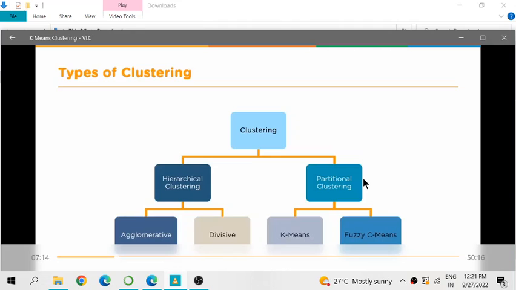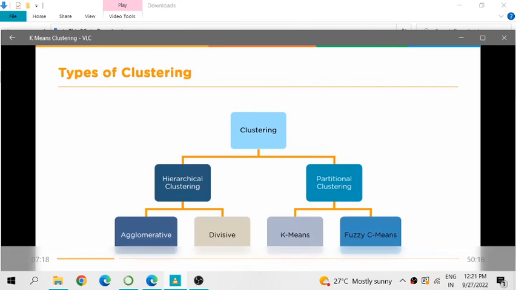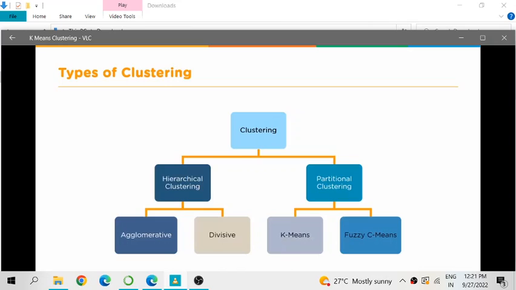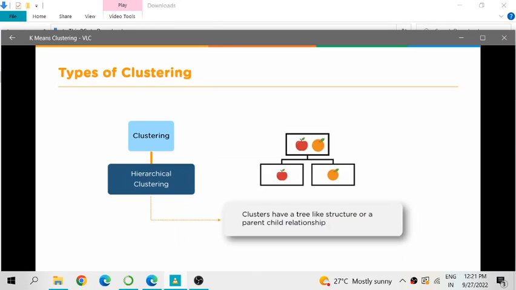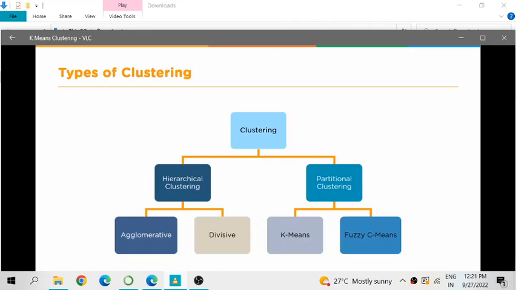So these here are the types of clustering, where you are going to have different clustering algorithms. Clustering is mainly categorized into two types: hierarchical clustering and partitional clustering. Under hierarchical clustering we have two more types, called agglomerative and divisive.